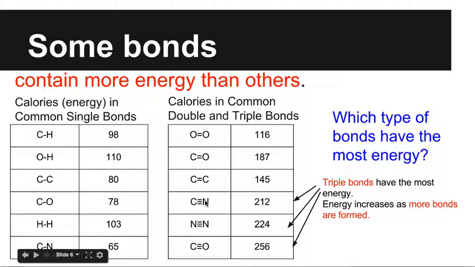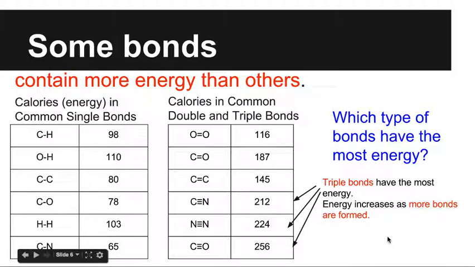So it makes sense then that when there's 3 bonds between carbon and nitrogen, there's more energy. There's more energy in a triple bond than in a double bond or a single bond. It almost doubles every time. So you can add them up to get to the bigger amount of energy.